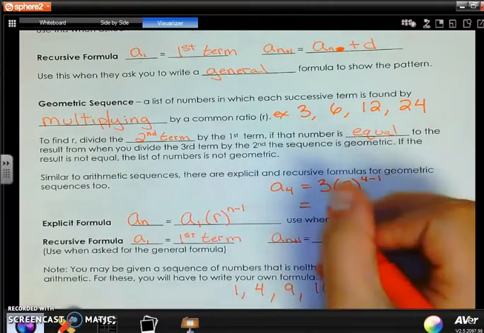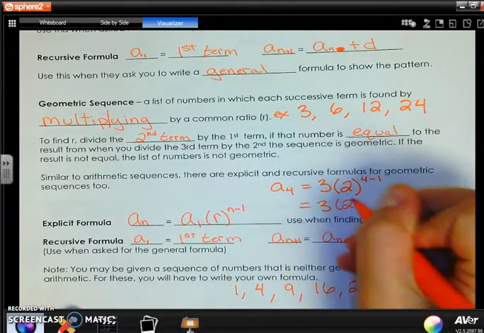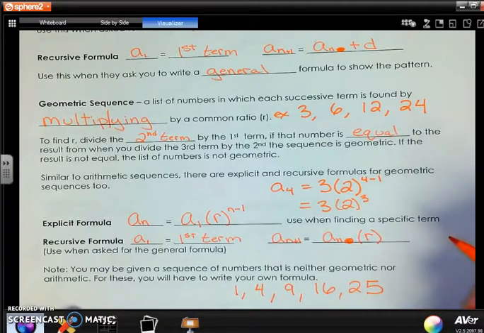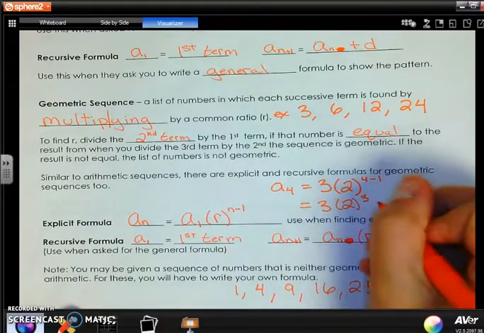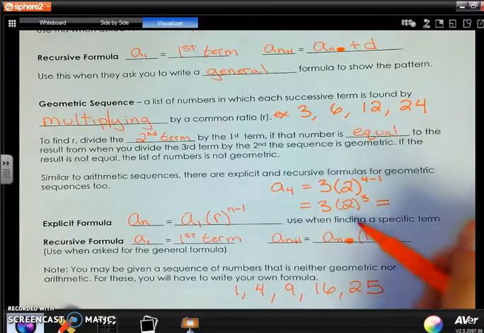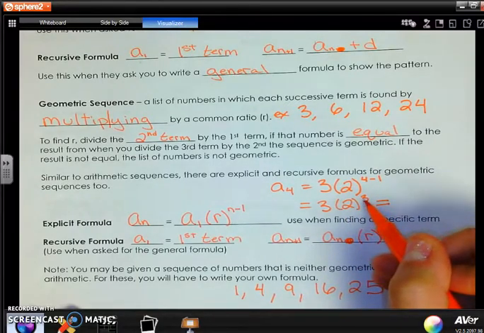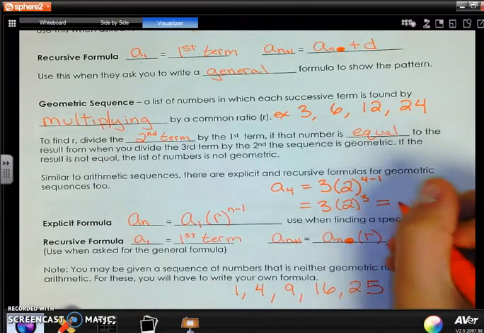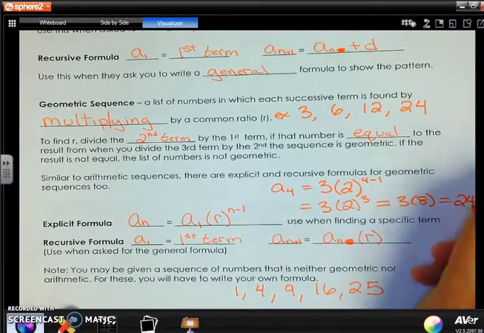So in this case, it's going to be 3 times, well, 4 minus 1 is 3, so it's 2 to the 3rd. The most popular mistake people make here is that they multiply these two numbers together. You may not do that. That is against the rules of PEMDAS. You need to make sure that you're taking this 2 and raising it to the third power first. So it's going to be 3 times 8, which would give you 24. Okay?